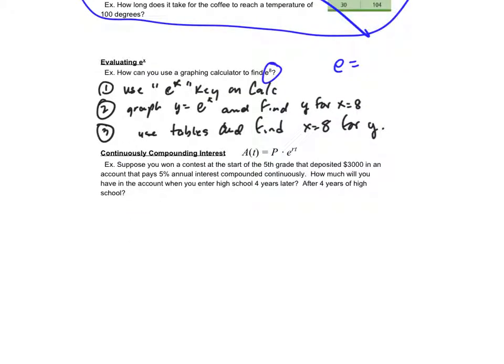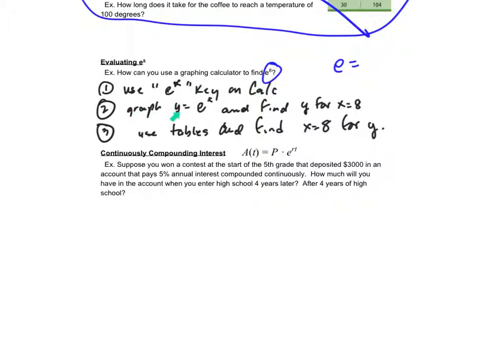Okay, there are several ways to evaluate E on the calculator, and one is to use the e to the x key. It's down on the left, it's in blue, it's above your keys, and you can go ahead and use e to the x on the calculator. You can go e to the 8th power.